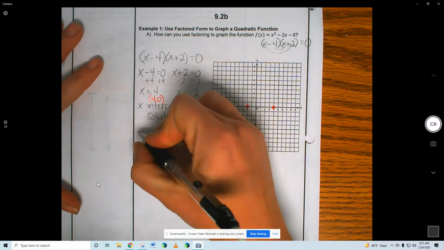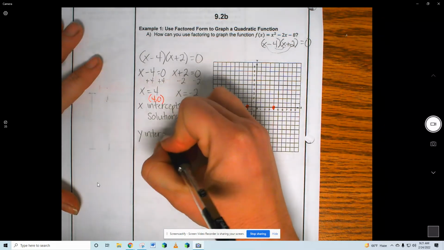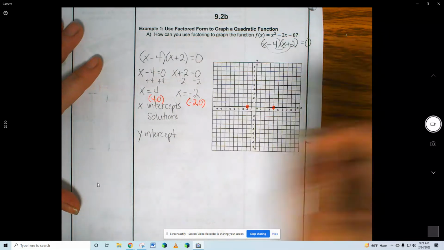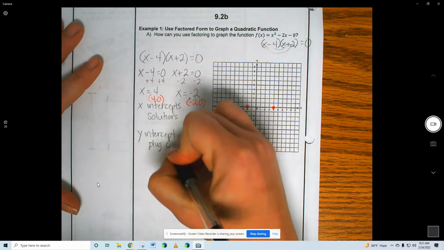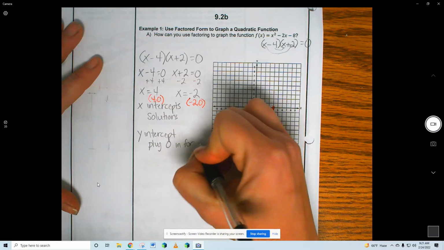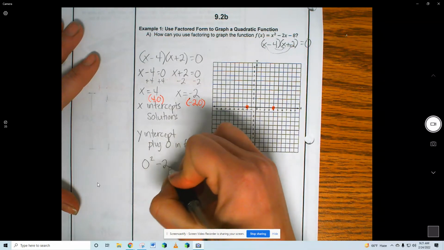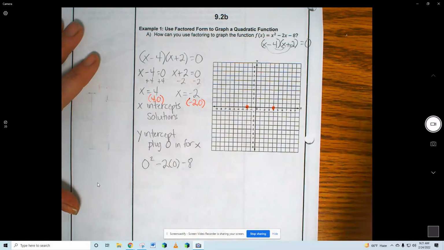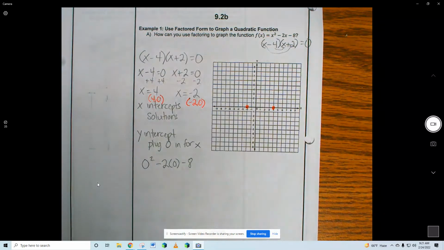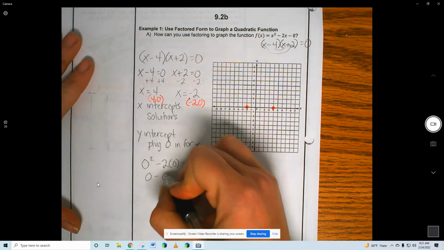So here's what we can do. I can find the y-intercept. That means plug 0 in for x. 0 squared minus 2 times 0 minus 8. 0 minus 0 minus 8.